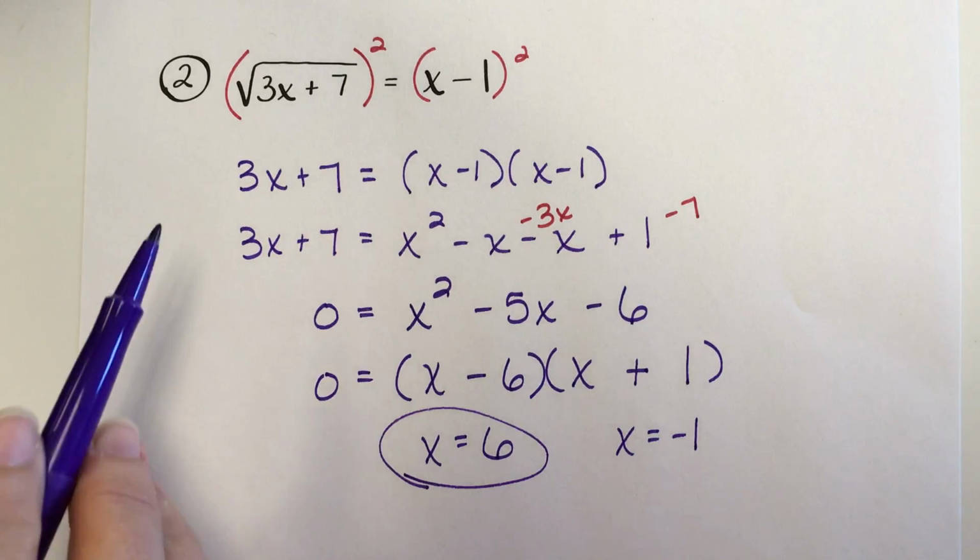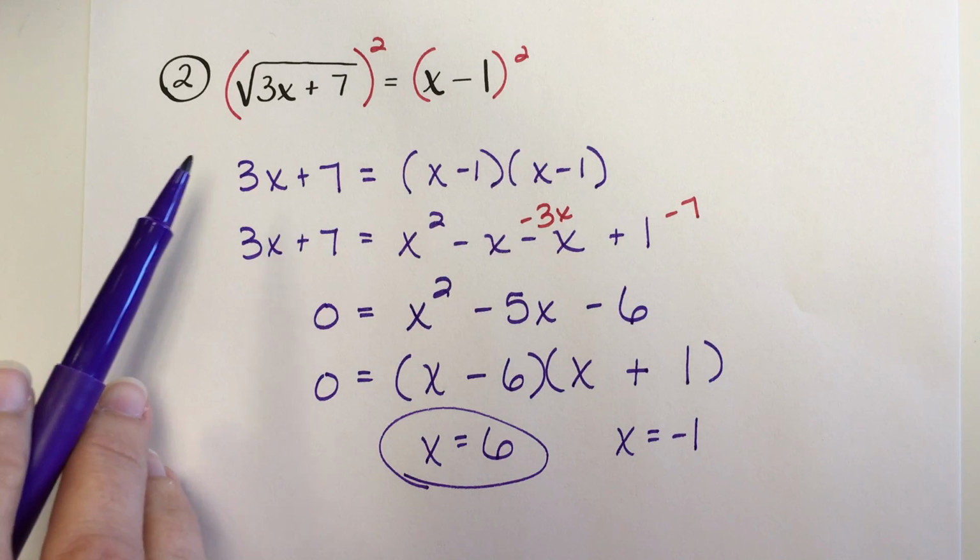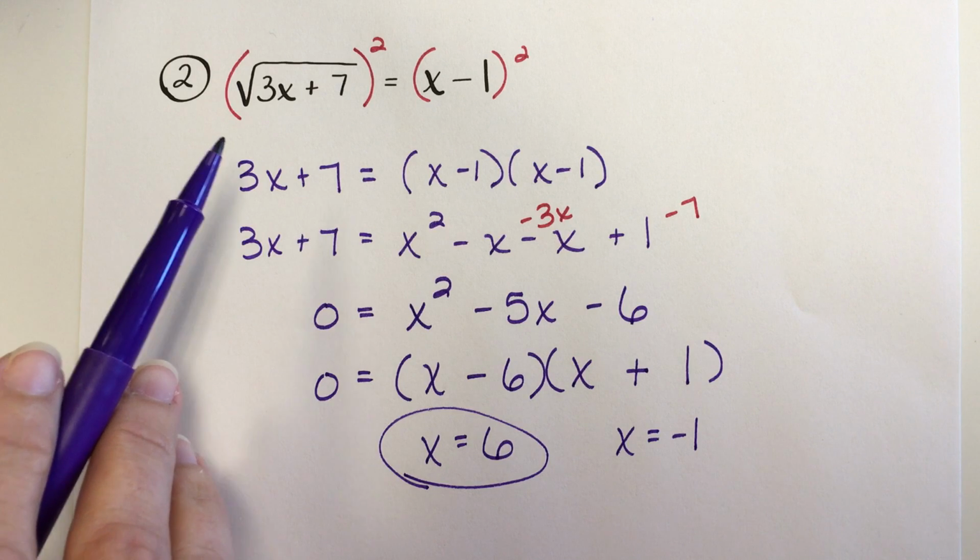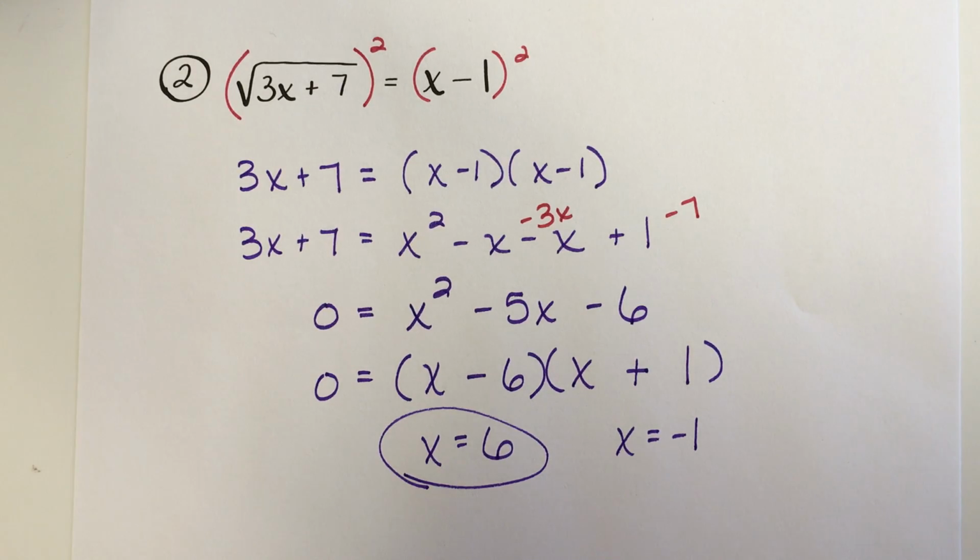Now let's see about the negative 1. Now the negative 1 is not going to check, okay? Let me just kind of show you here to the side real quick. You would have the square root of 3 times negative 1 plus 7, and that would be equal to negative 1 minus 1.